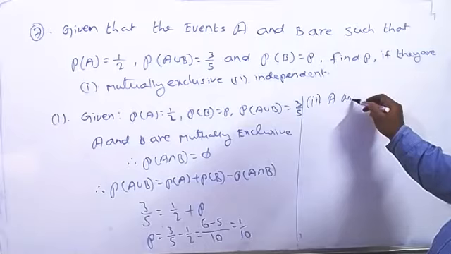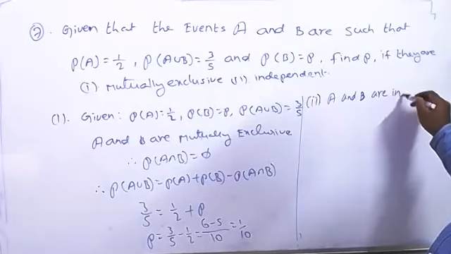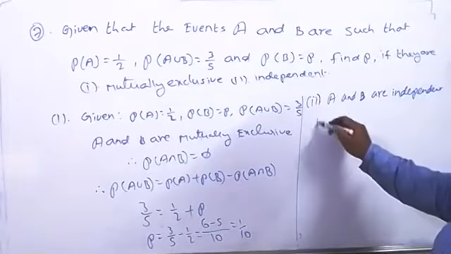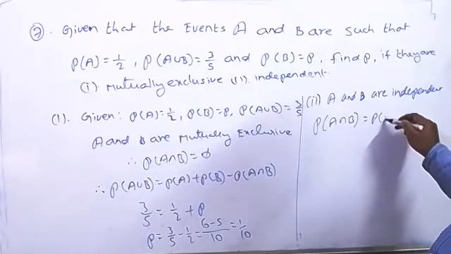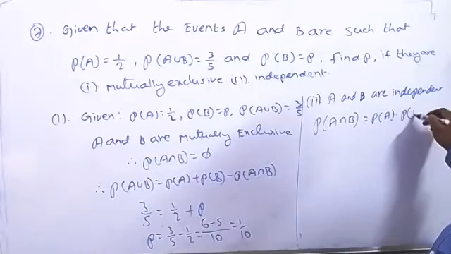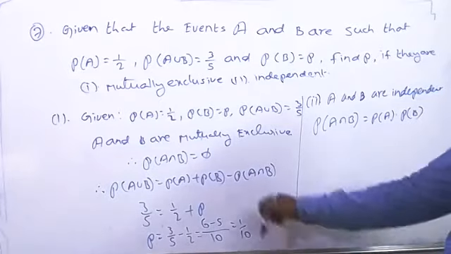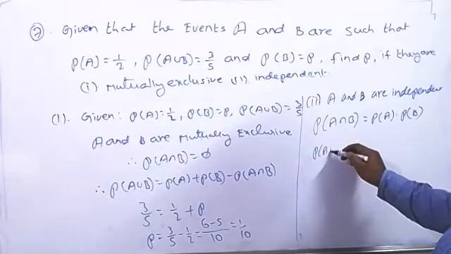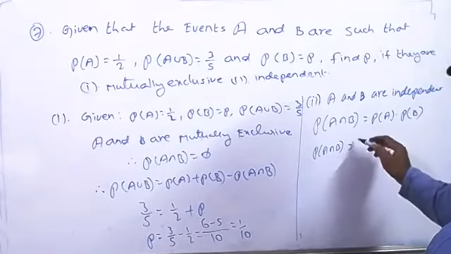A and B are independent. That means the probability of A intersection B is equal to the probability of A times the probability of B. But the probability of A intersection B we don't know. The same formula can apply.